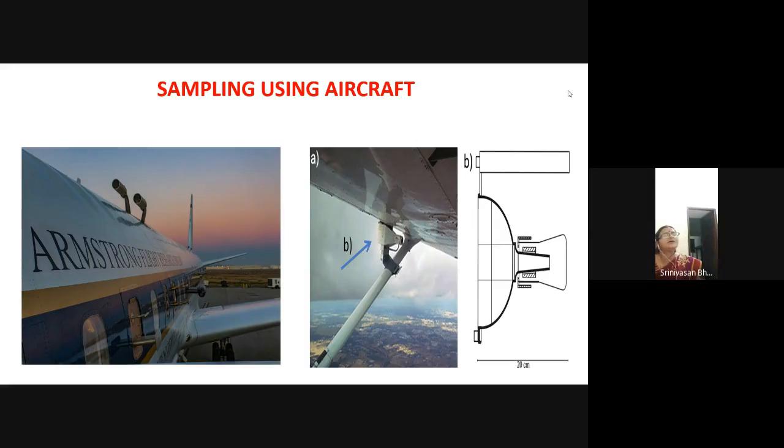The sampler is nothing but a tube used to collect the microorganisms or the volatile organic compounds found in the atmosphere, which can be monitored by fixing this air sampling tube into the aircraft. So the aircraft is also used for air sampling.